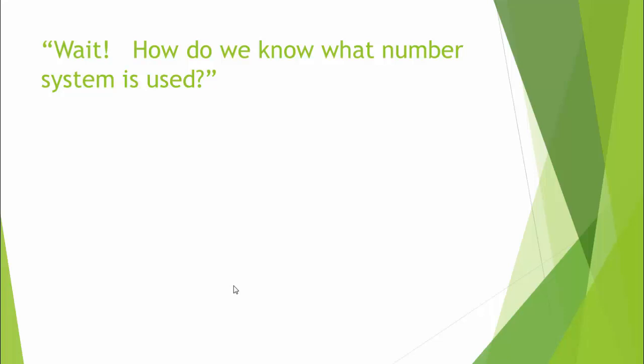Now, along the way here, you may have seen a few cases where you said, wait a second, how do I know which number system was actually used? And this actually can be a source of some confusion.